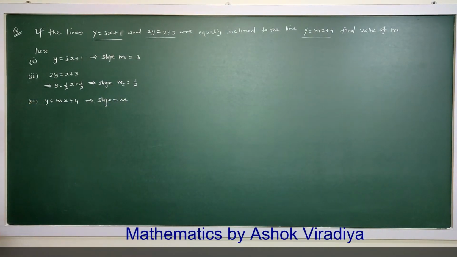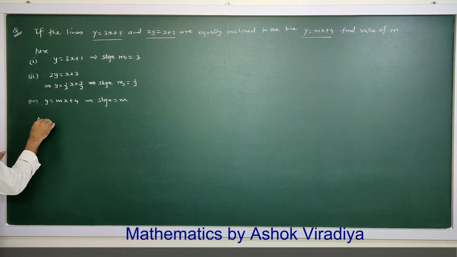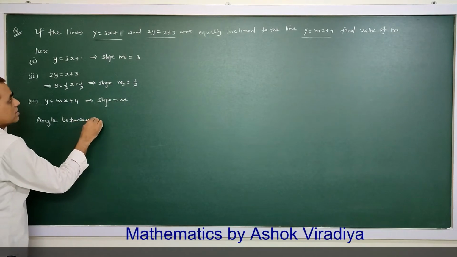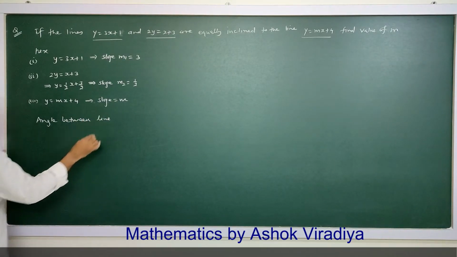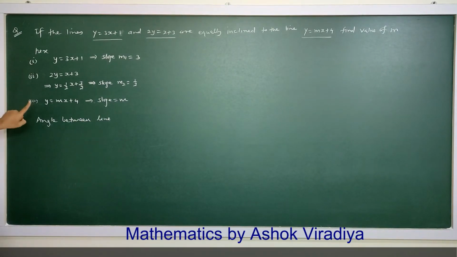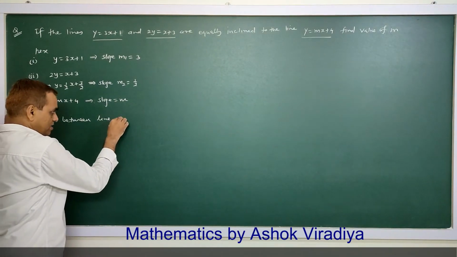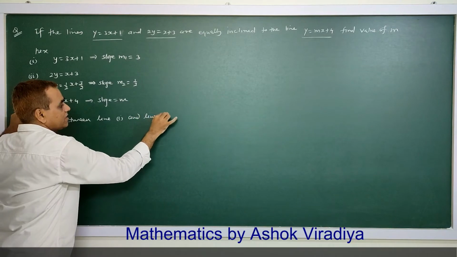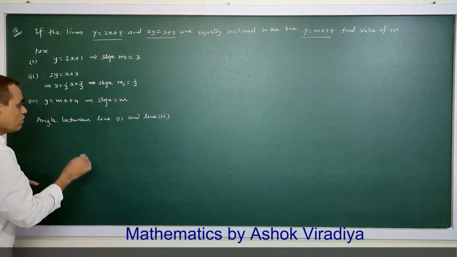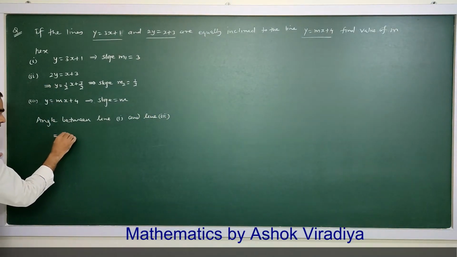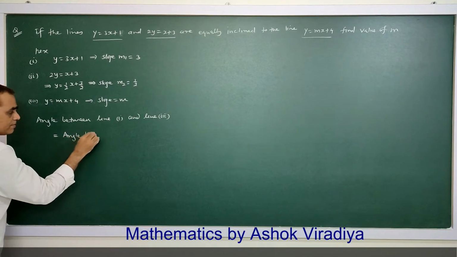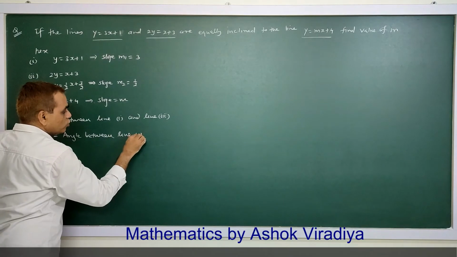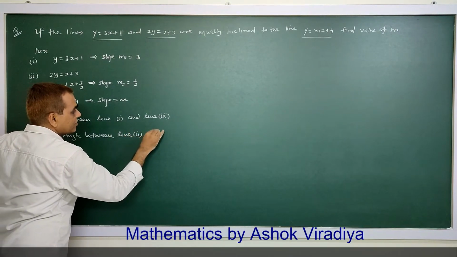Now it is given that the angle between line 1 and line 3 is equal to the angle between line 2 and line 3.